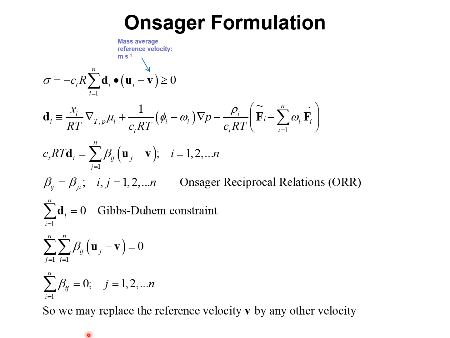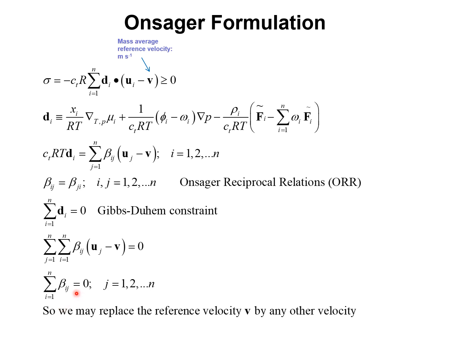If we further impose the Gibbs-Duhem constraint that the sum of the driving forces is 0, then we must have this constraint on the beta ij coefficients, which leads to the conclusion that the sum over all components i to n of beta ij must be equal to 0.